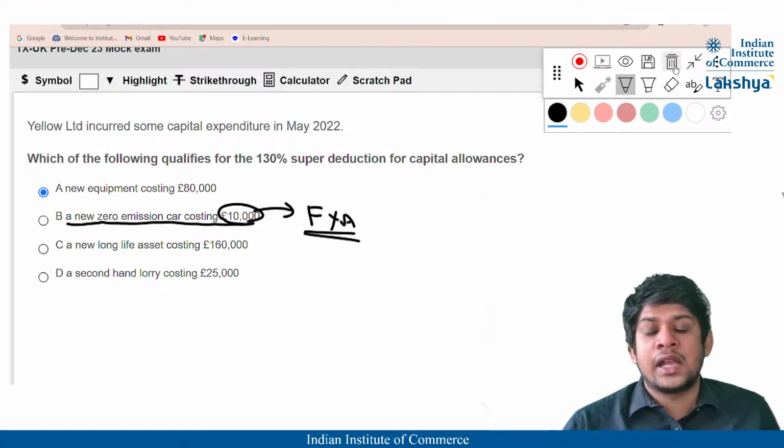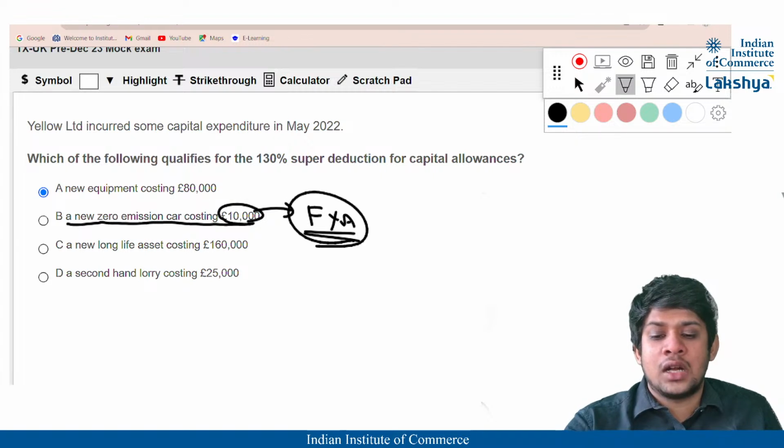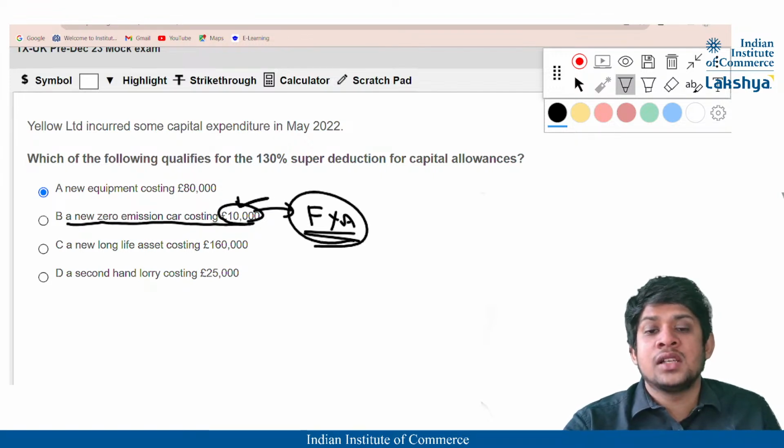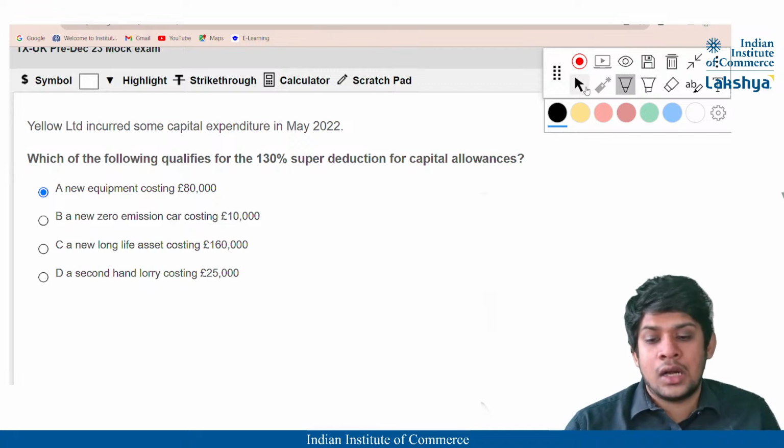So if it is a second hand car that you've purchased, you will not get first year allowance. First year allowance will be given if you purchased a new car and that is a zero emission car. So the complete amount will be exempt. Whether it was 10,000 or 20,000, anything, the complete amount is exempt. For FYA, there is no restriction. Okay, that is known as first year allowance.